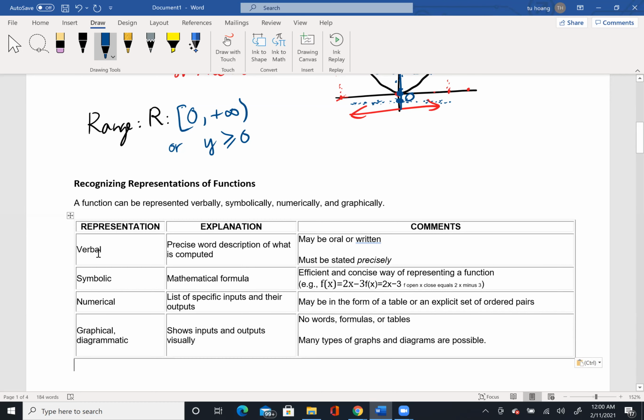Okay. So for verbal, it is a precise word description of what is computed. Okay, it may be oral or written, and must be stated precisely.